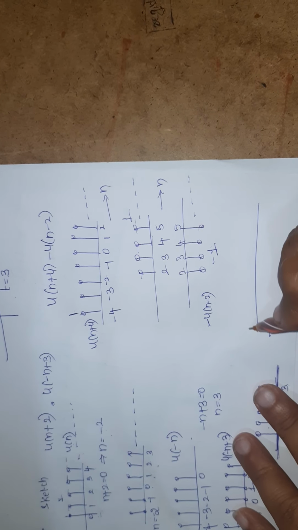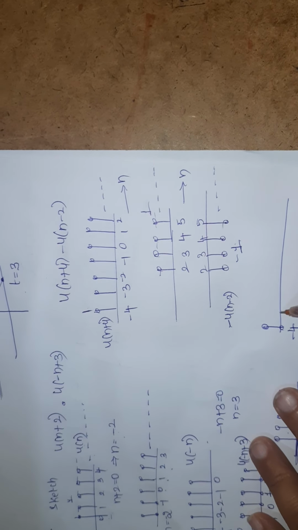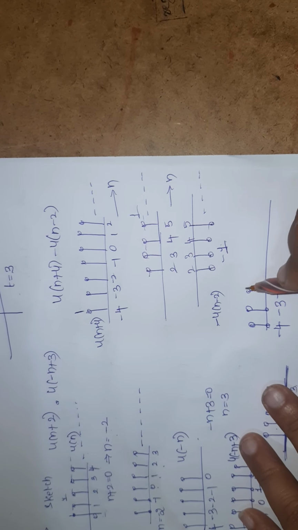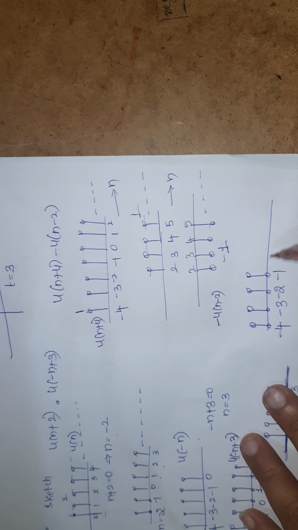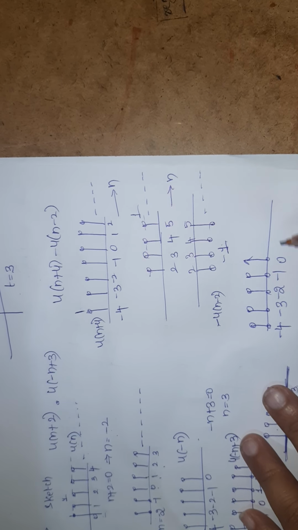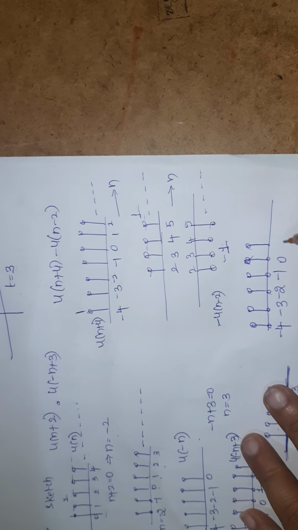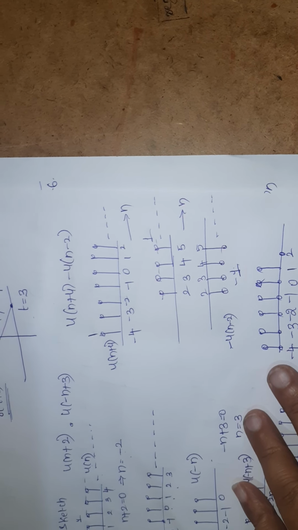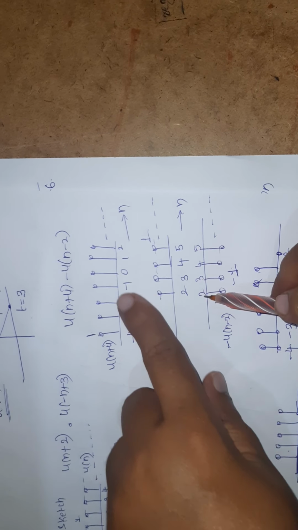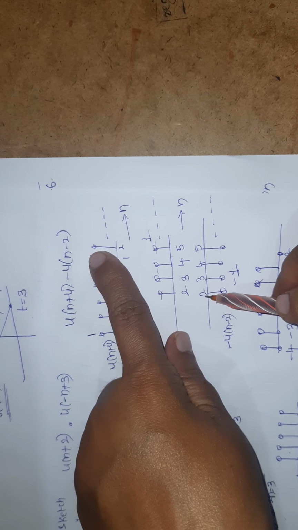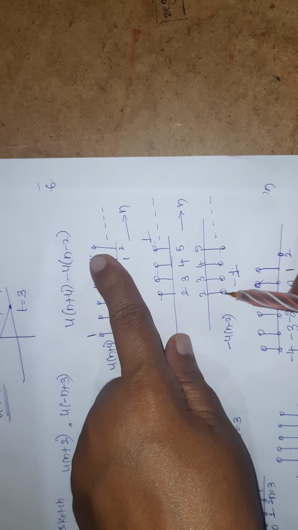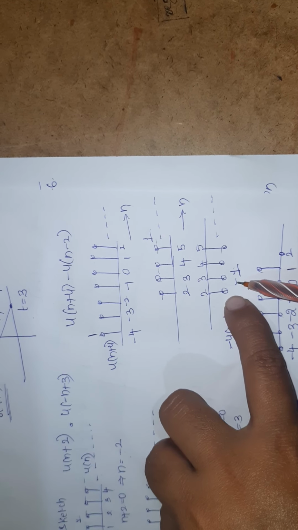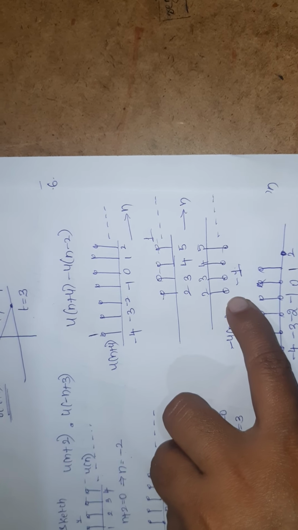So 1 is present. Next for minus 3, minus 2, minus 1, 0, 1. If I consider the second position, for n is equal to 2, I am having plus 1 here and minus 1 magnitude there. Plus 1, minus 1, both are added, so the answer is 0.